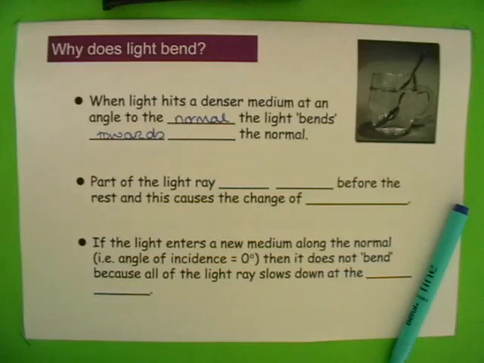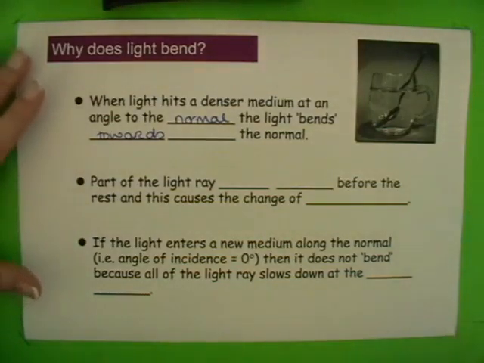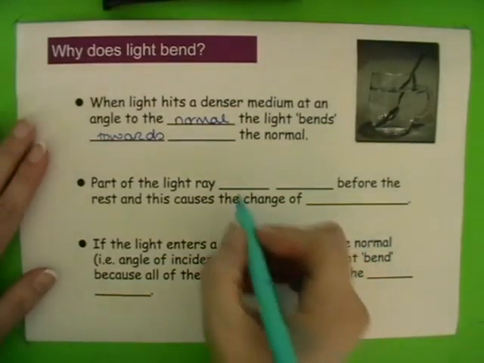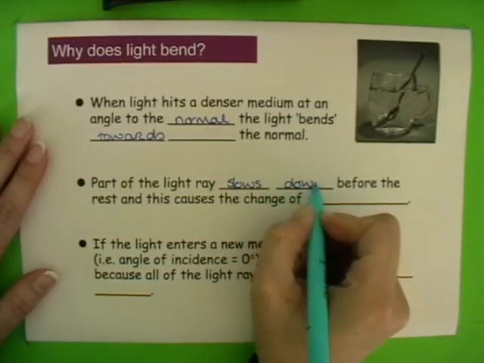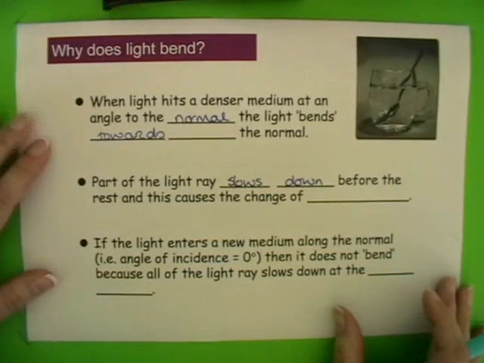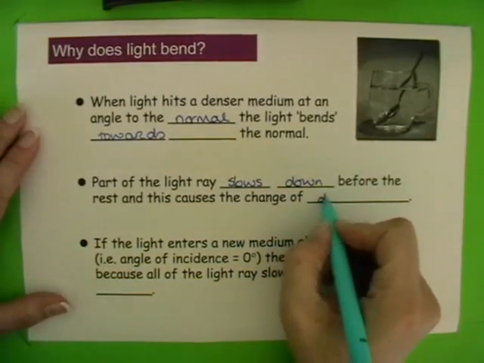So part of the light ray meets the surface first, and when it meets the surface, it slows down before the rest of the light ray, and this causes a change of direction.